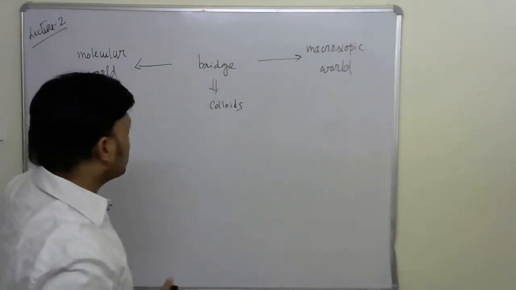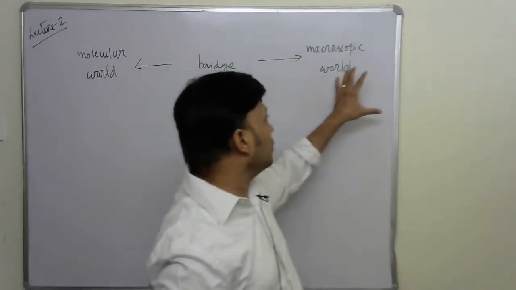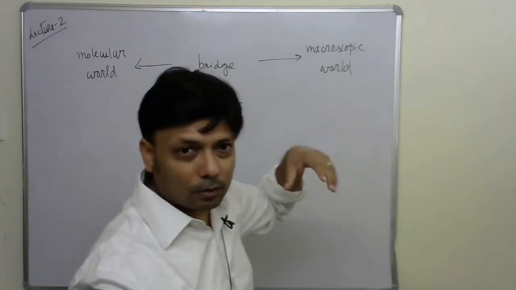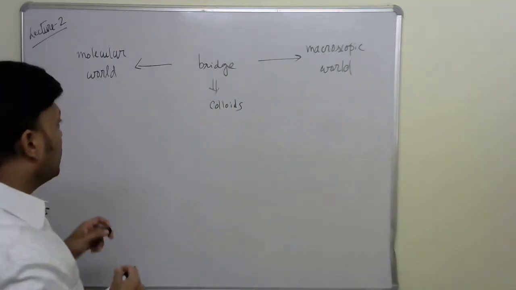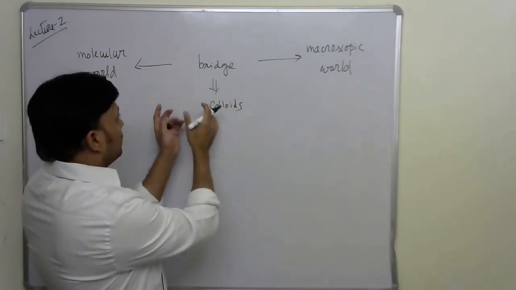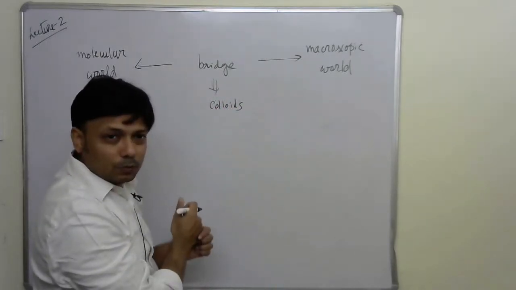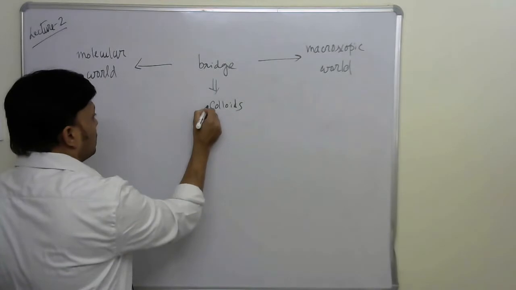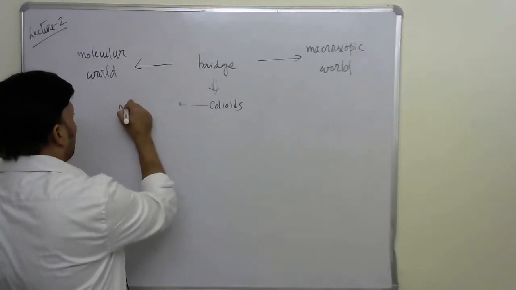So molecules are angstrom size, the macroscopic world is millimeter size and beyond that. So the colloidal dimension is bridging between the two, and it also covers nanoscale materials.